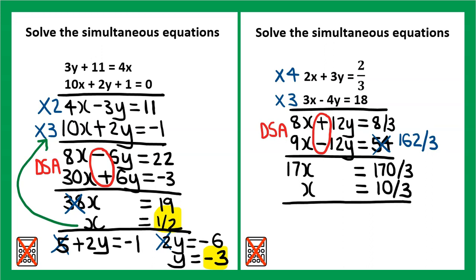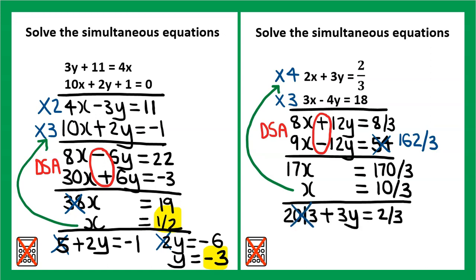Now we know that x is 10 over 3. I'm going to substitute this into the original first equation, where we have this positive in front of the term. 2 lots of x, 2 lots of 10 over 3 is 20 over 3, plus 3y is equal to 2 over 3. Subtract 20 over 3 from both sides, so 3y would be equal to -18 over 3.